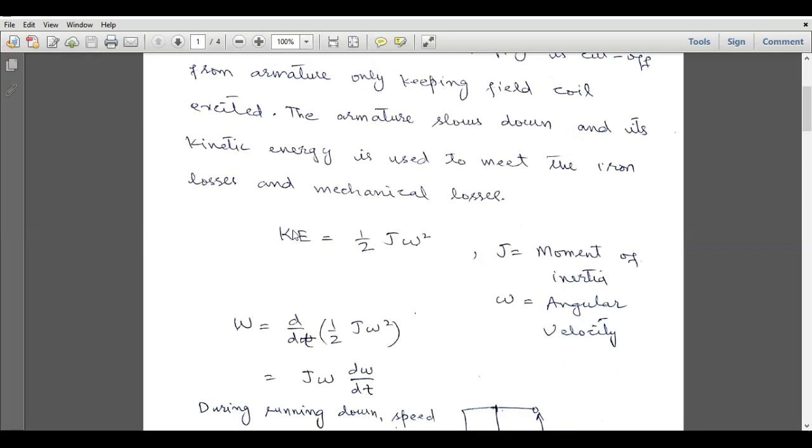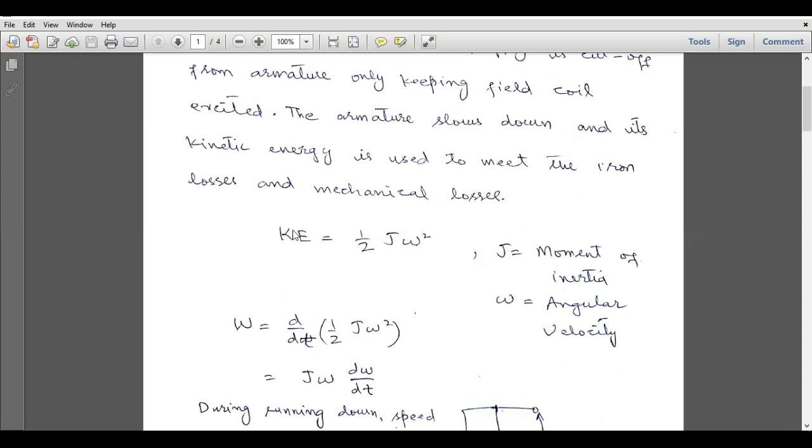And as the armature of the machine stops, both the mechanical losses and the iron losses will be equal to zero. The reason is that the friction and windage losses will be equal to zero because there is no movement, and the iron losses depend on the voltage.